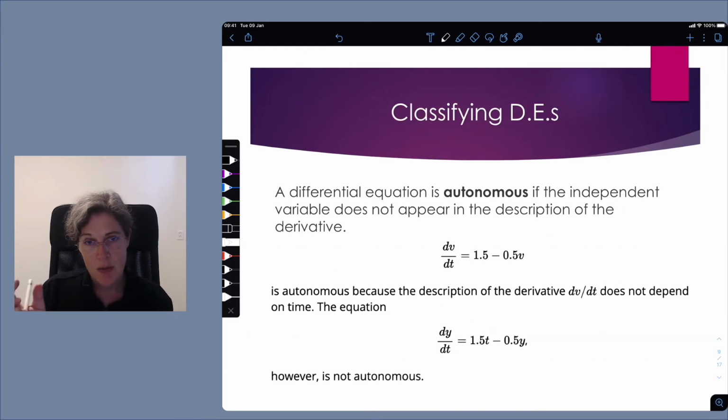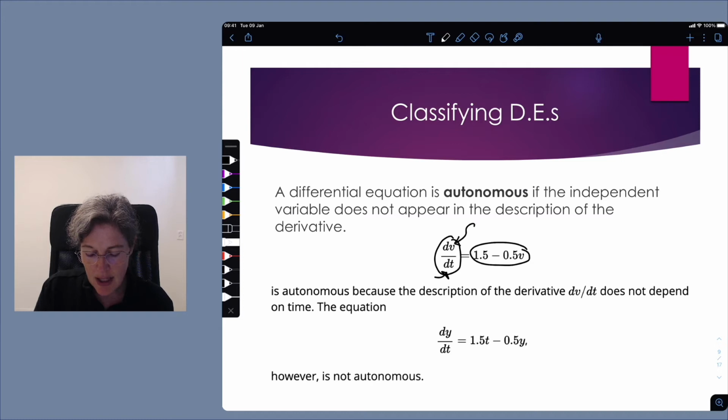One other thing that we sometimes use for classifying DEs is we have a look and see which variables we can see on the right hand side. So we've got our derivative sitting on the left, and notice our derivative tells us that our dependent variable here is v, and our independent variable is t.